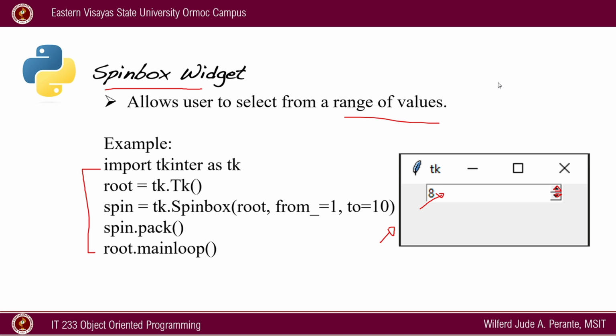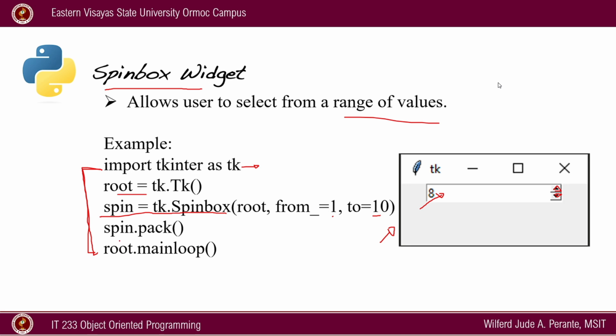And now let's discuss our code. Again, we are importing our Tkinter library, and our root creates the main window of Tkinter. Here we are displaying our spinbox widget, which has integer values from 1 to 10.